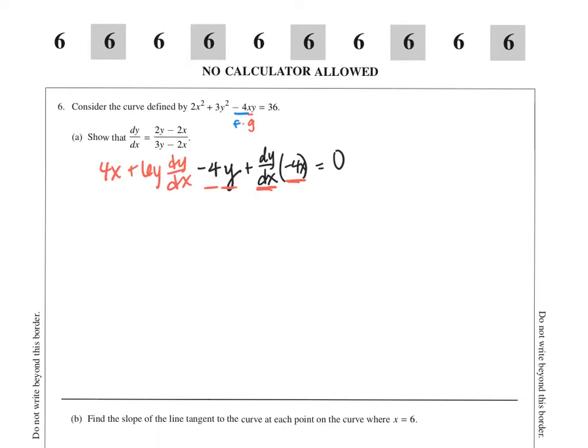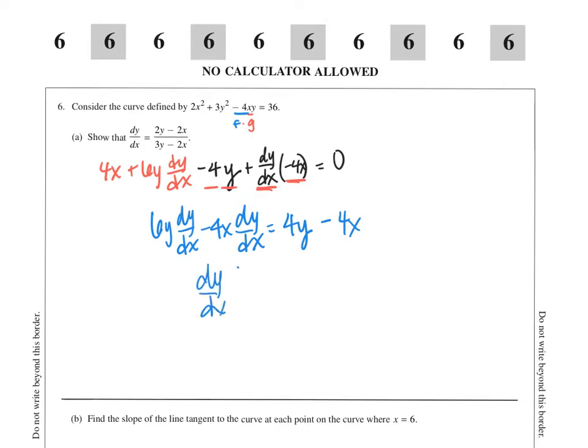When I do that, I'm going to have 6y dy/dx minus 4x dy/dx. I'm going to get everything else to the other side, so I'd have a 4y minus a 4x. I'm going to factor out a dy/dx, leaving me with 6y minus 4x equal to 4y minus 4x.